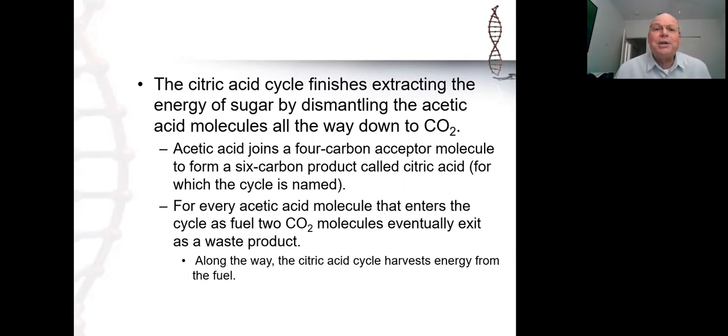Remember, we lost 1 carbon when we groomed the pyruvate, and that was lost as a carbon dioxide. And now we lose another 2 carbons that came from the resulting acetyl group that was produced by this grooming of the pyruvate. So the 1 carbon dioxide that comes from the grooming plus these 2 carbon dioxides from the cycle give us the 3 carbons from pyruvate.